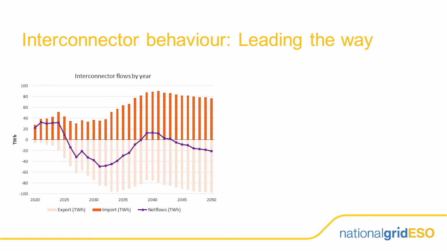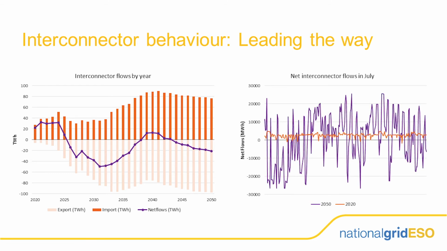In effect, the interconnectors are being used to balance large volumes of renewable generation across each of the markets. In the last few years, EU renewable growth levels off from 2040, whilst GB renewable growth continues to increase. And consequently, the net flows return to being one of an export.